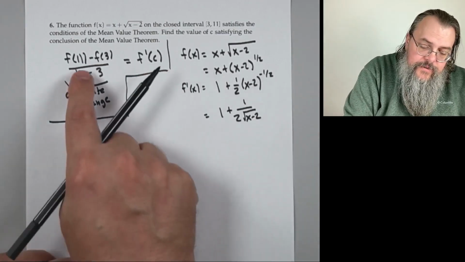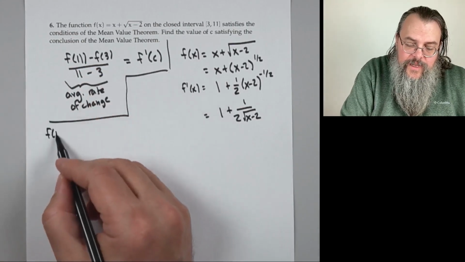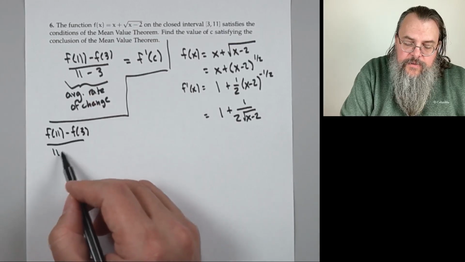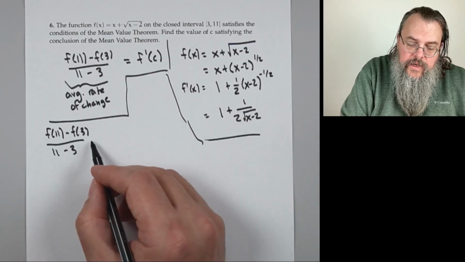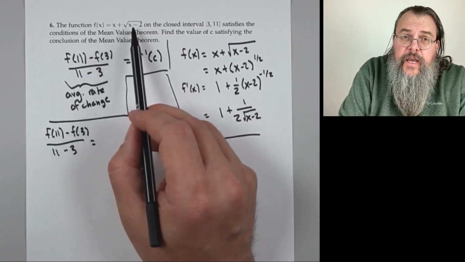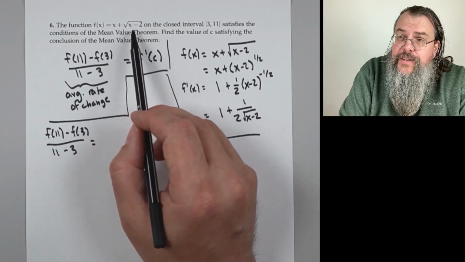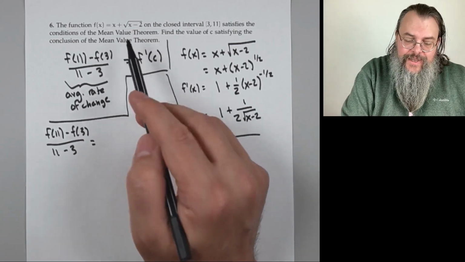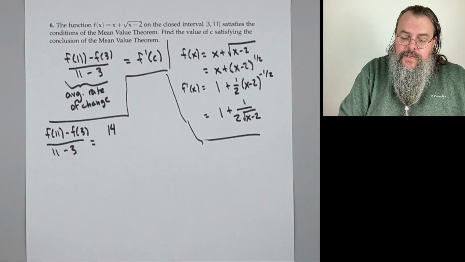All right, well, let's go and figure this out here. So we have f of 11 minus f of 3 over 11 minus 3. Now, plug in 11. We're going to get 11 plus the square root of 11 minus 2. 11 minus 2 is 9. Square root of 9 is 3. So that would be 14. That's what we get when we plug in 11.